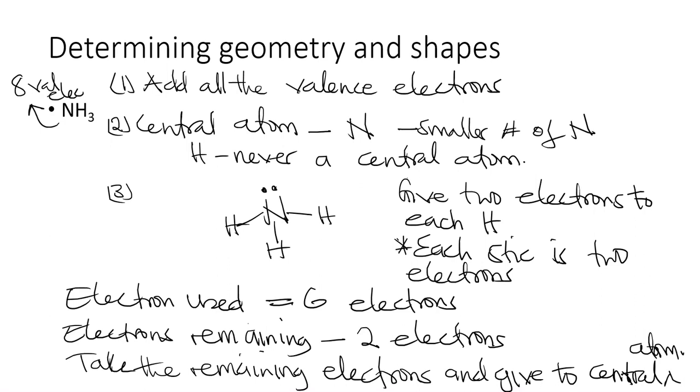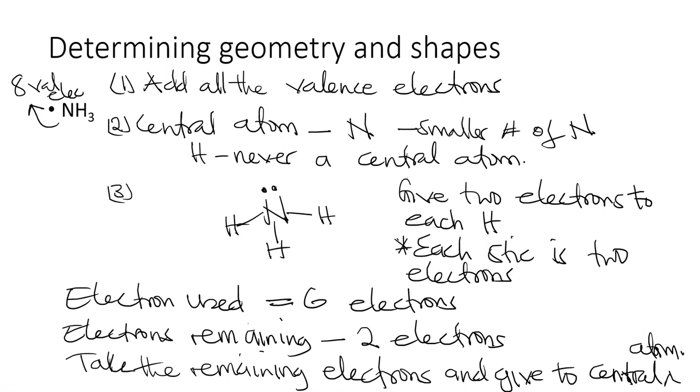So first we add valence electrons. We find that we have 8 valence electrons. Then we determine the central atom, and the central atom is nitrogen. We give 2 electrons to each side atom, which in this case is hydrogen.